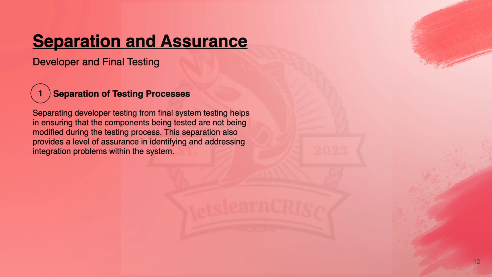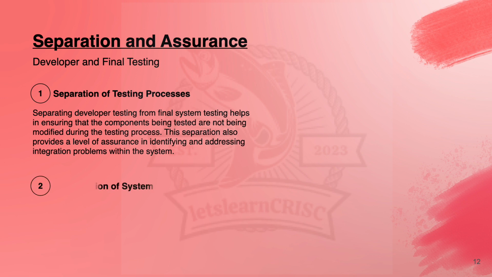So the separation of developer testing from final system testing is a strategic approach that ensures the integrity of components, provides assurance in identifying integration problems, and supports controlled progression toward a reliable and well integrated system. And this approach contributes to the overall quality and effectiveness of the testing process.